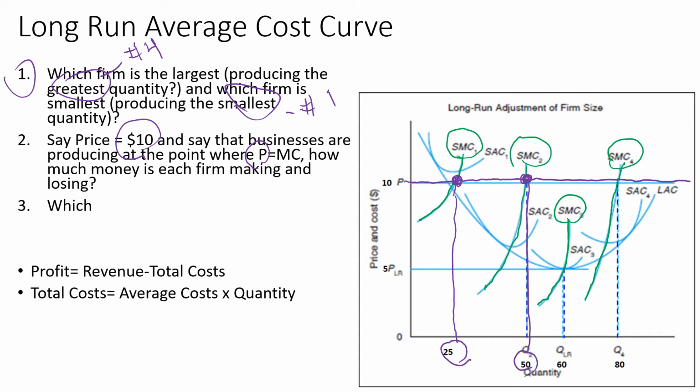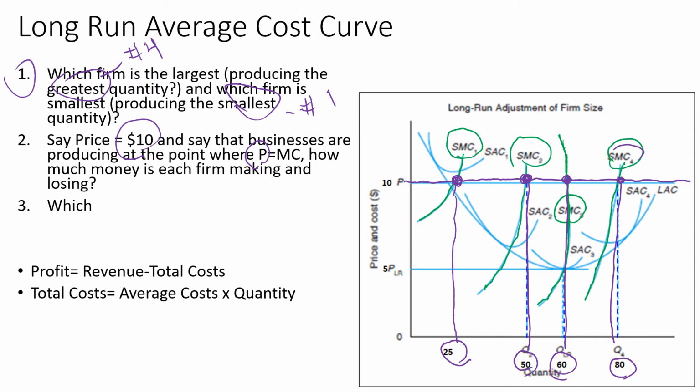Firm 3 is producing, so we have to actually extend this cost curve up, at a quantity of 60. And firm 4 is producing at a quantity of 80. And all of their costs are different too.